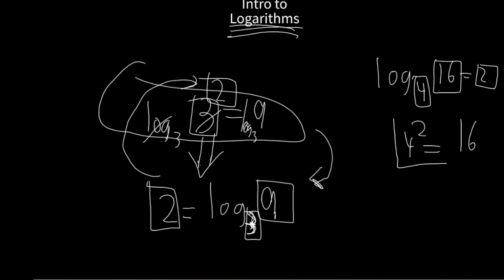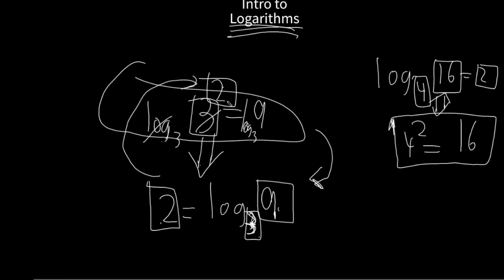And this makes sense, right? We're just pattern matching, basically. We're seeing that this 3 corresponds to this base, and this 2 corresponds to this exponent, and this 9 corresponds to this value. And this pattern matching is how we can make logarithmic statements and exponential statements equal to each other.